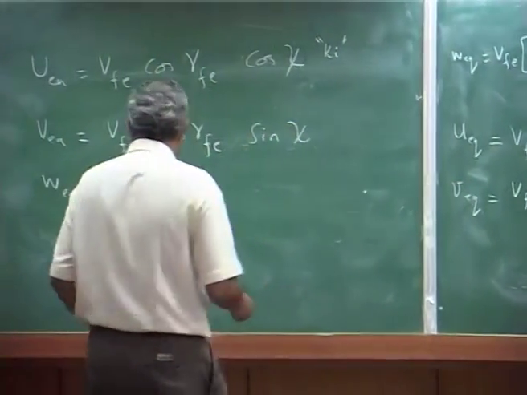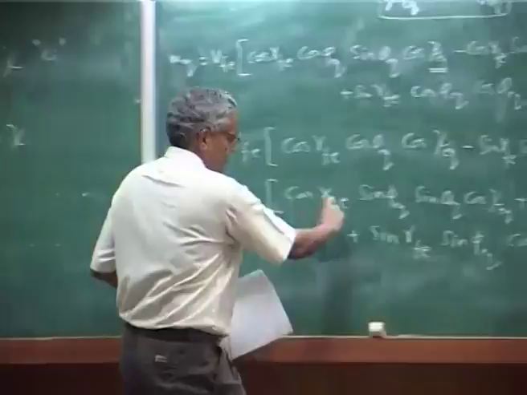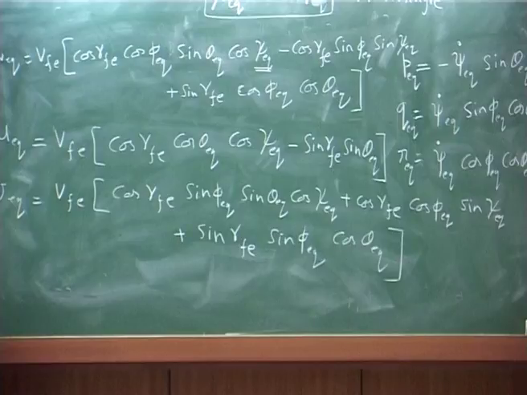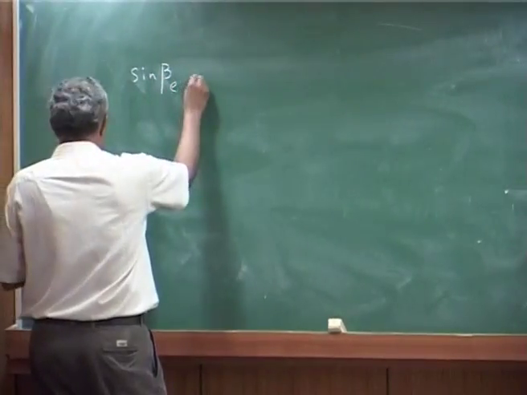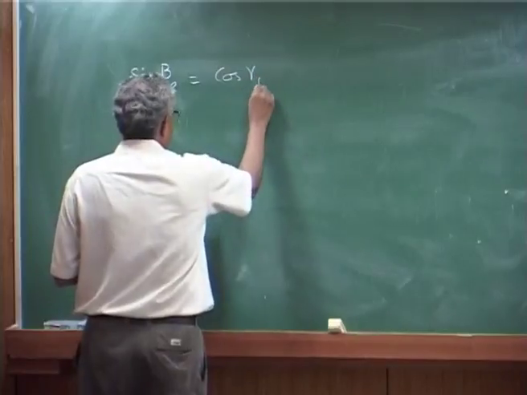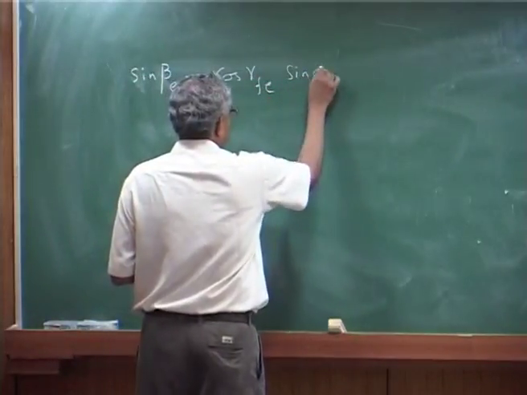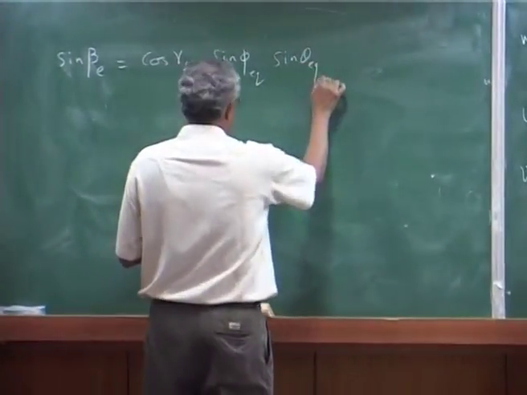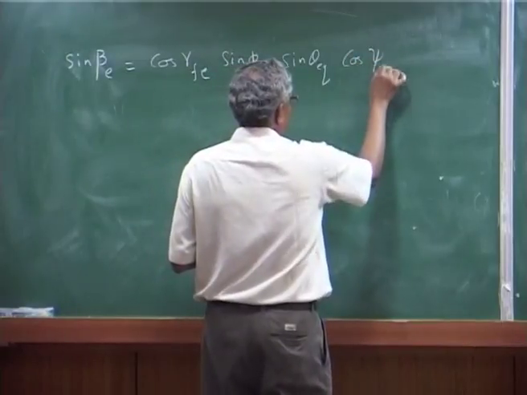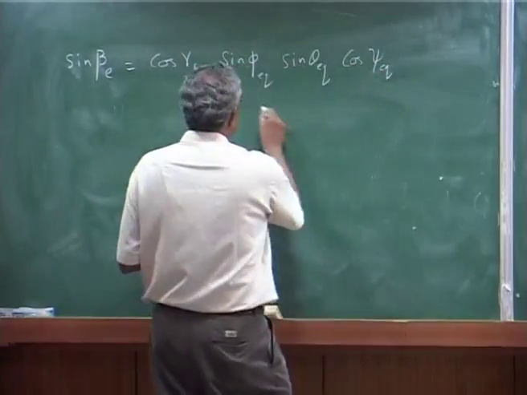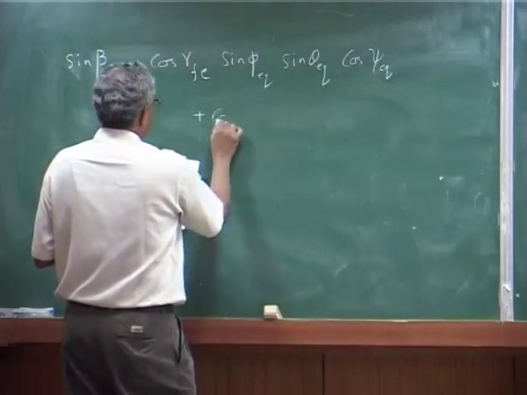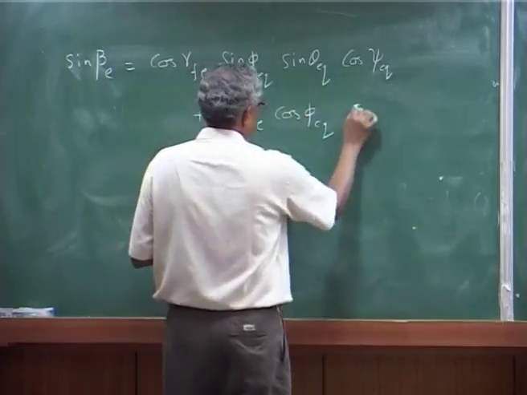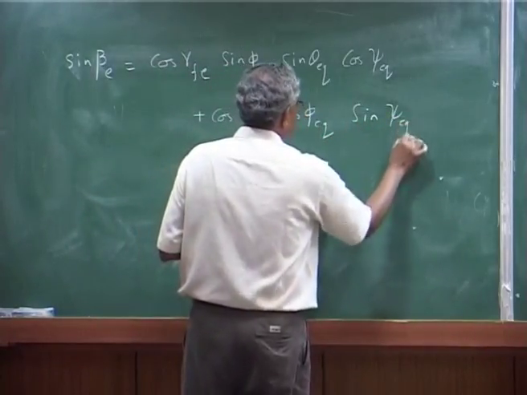So, I write sin beta E, this entire expression, okay. That is sin beta E is cosine gamma Fe sin phi equilibrium sin theta equilibrium cosine chi equilibrium, then plus cosine gamma Fe cosine phi equilibrium sin chi equilibrium.